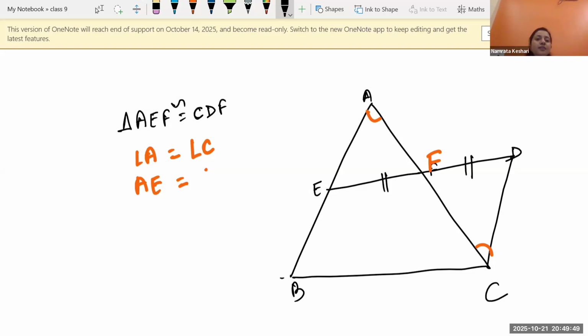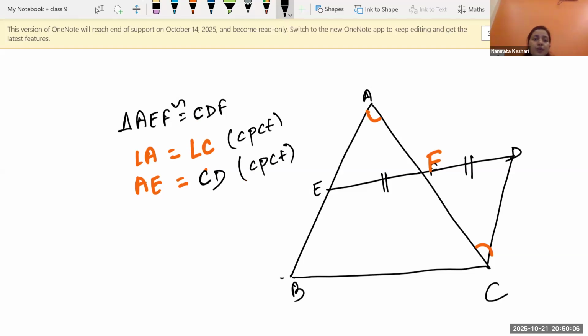Yeah, this is the name. While proving the congruency we will see the name, but we will be proving these two congruent, and by CPCT we'll be getting this condition, and by CPCT we will be getting this condition. So far, is it clear to all of you?